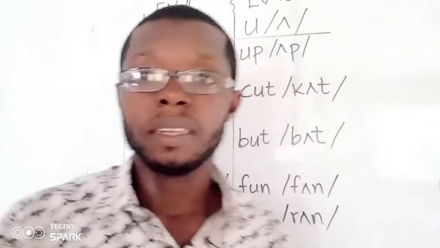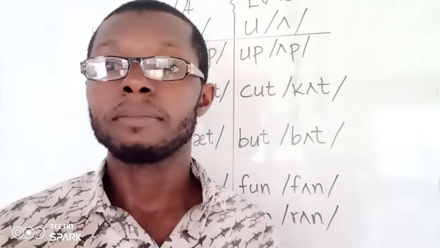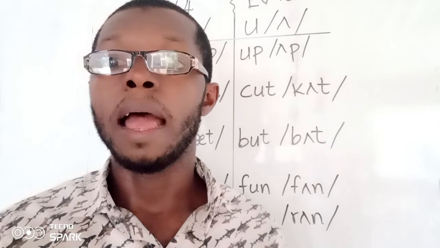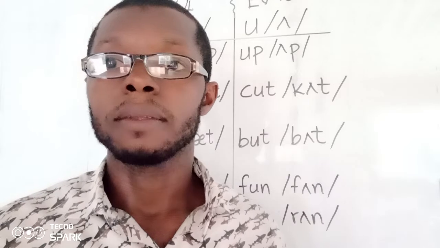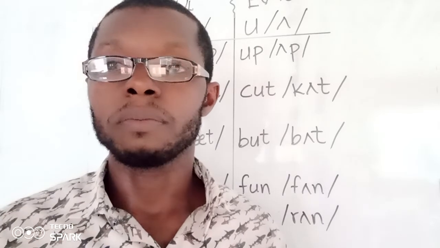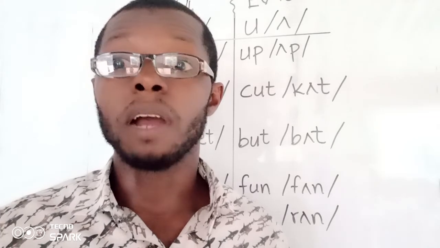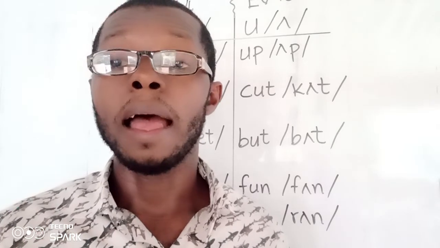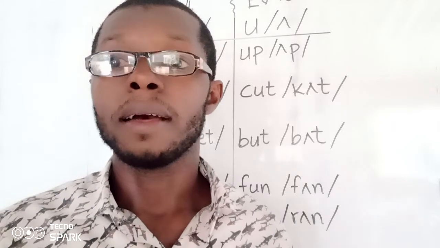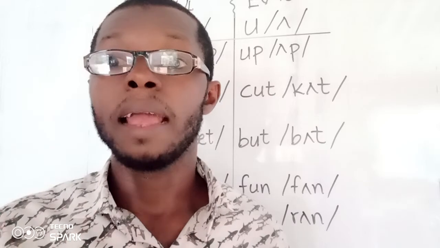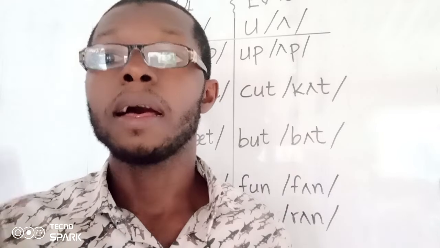So let's practice this. Producing letter A as short A: the lips spread, the mouth open, the front of the tongue, ah. Letter U, the lips spread as well, the mouth open as well, but the center of the tongue this time around. Ah. So you can say letter A, front, letter U, center.